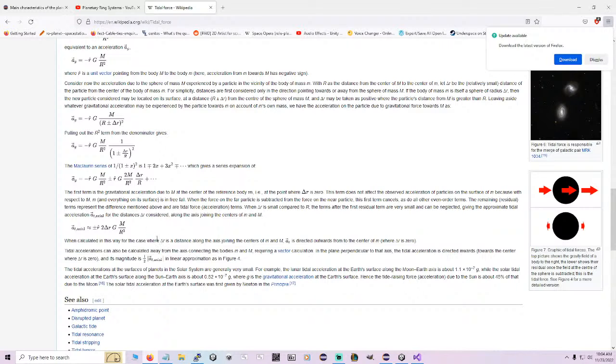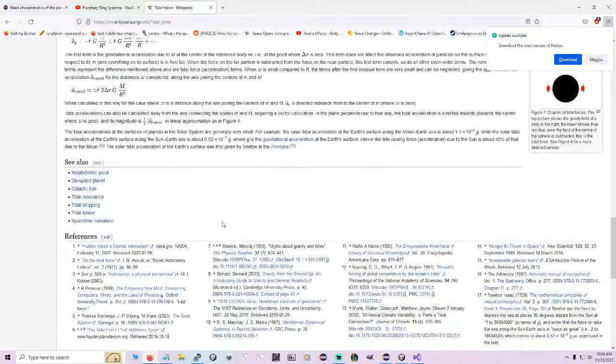Dude, if I had time, I would love to do this equation and see how much force you need to rip apart a moon. That could be an expansion.